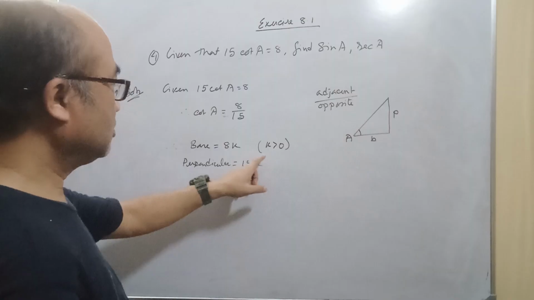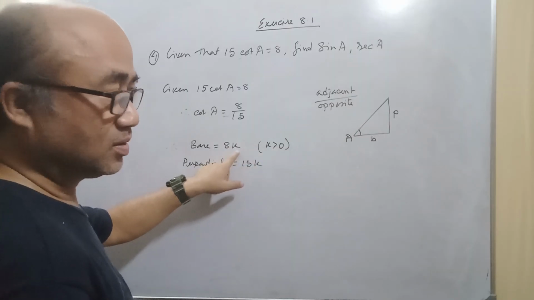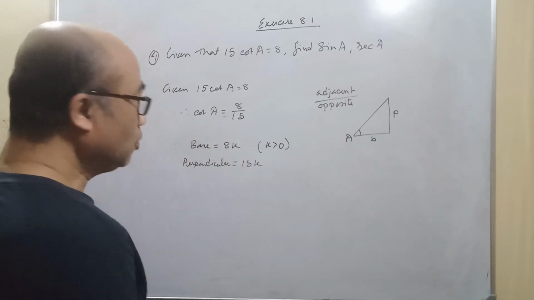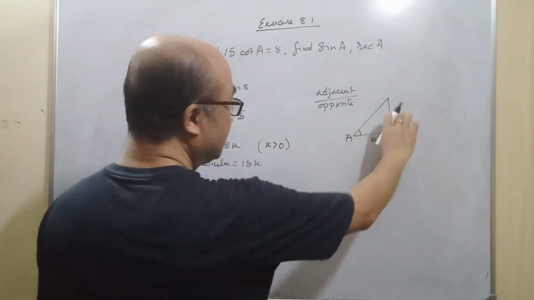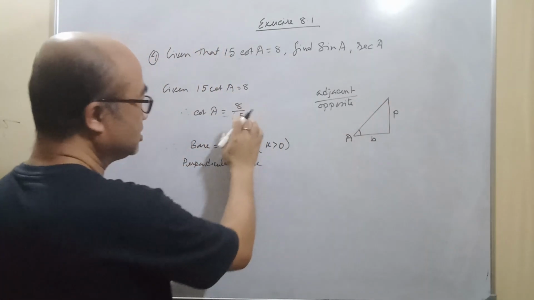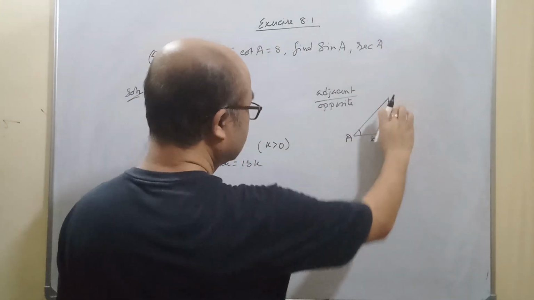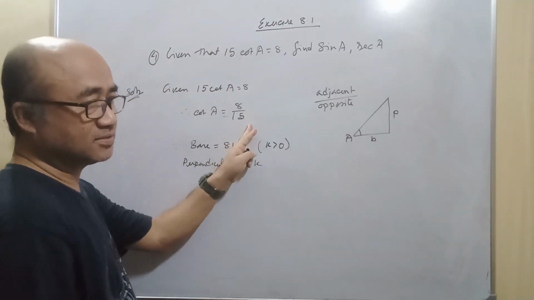Now do you know what is the logic of taking K? The logic is that this is a ratio, okay? This side by this side will produce this ratio. We don't know the actual value of these sides. This is just the ratio of the sides.